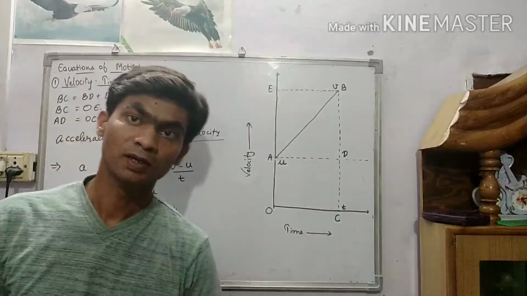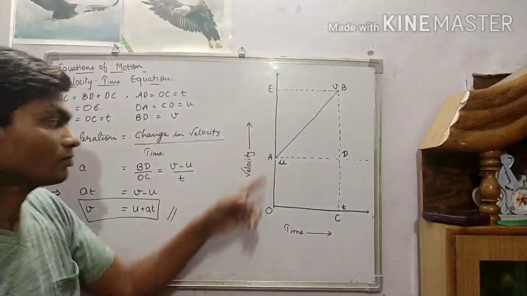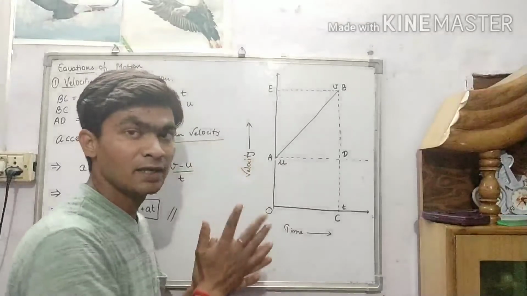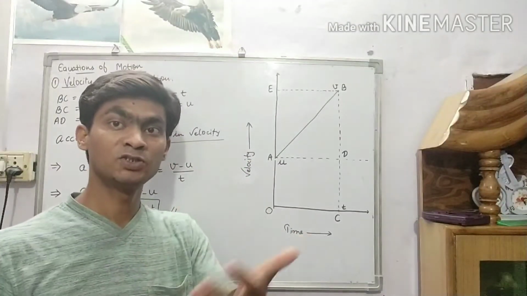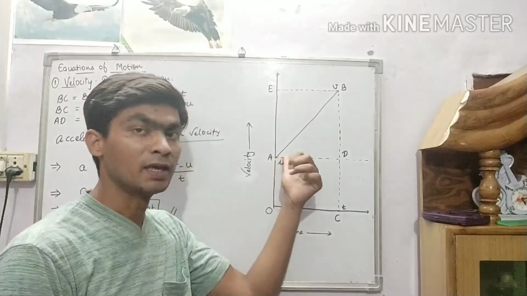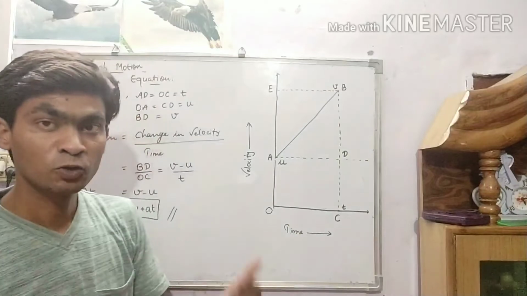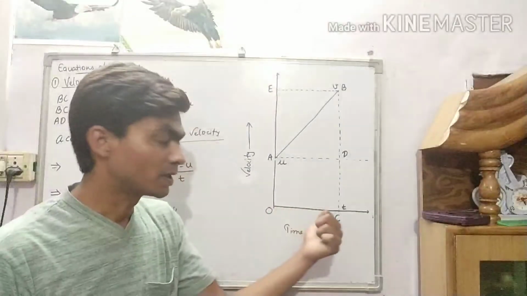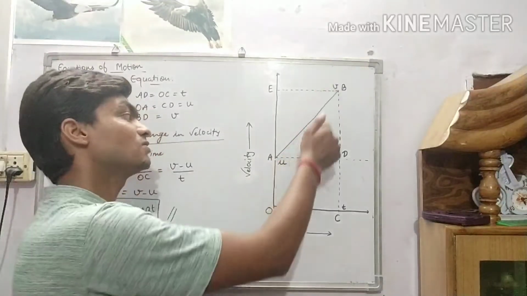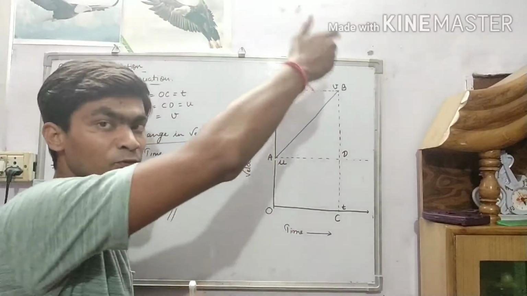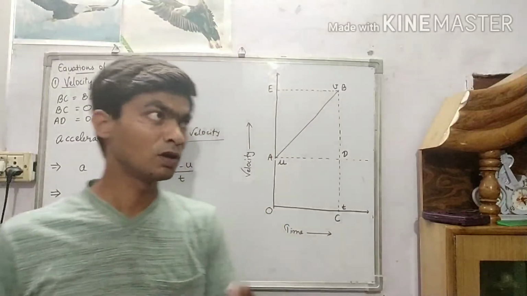Let me explain it again quickly. Up to here at A, there is a constant velocity U, which we have called the initial velocity. From A, the velocity starts increasing with respect to time, proportionally with time. As it reaches B, we have called that the final velocity, small v.